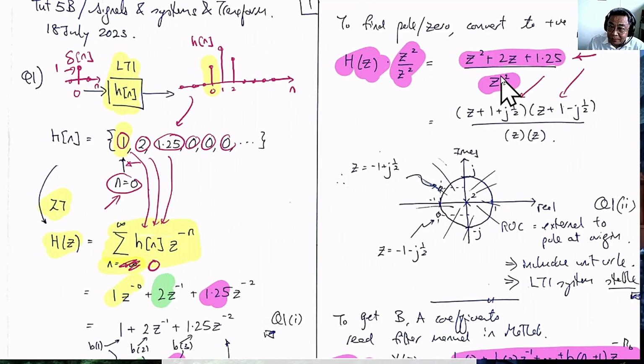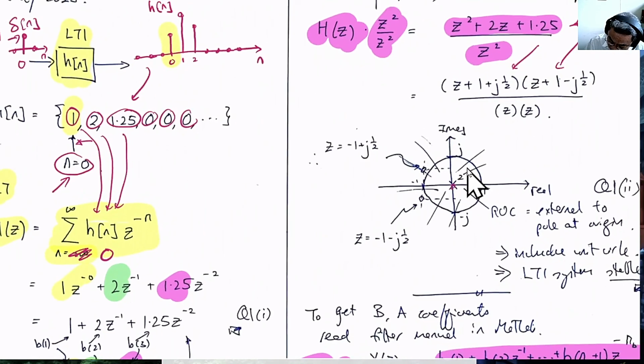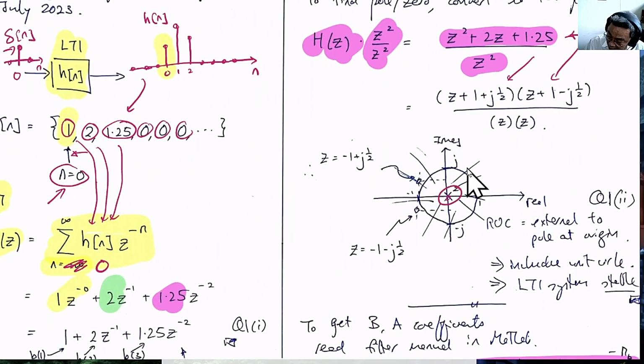Now we draw the poles and the zeros. Where are the poles? The poles are the values where the denominator becomes 0. The denominator becomes 0 when z is 0. So this is when z is 0, and we draw a cross here, and we have 2 because we have 2 poles.